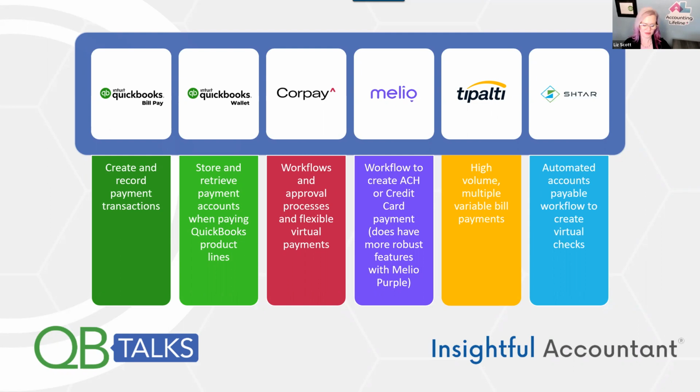But there was an agreement with Melio, and so we have this new solution with Melio, so we're able to have some additional options. So let me look over here. The Melio Purple has got the more robust features in it, but the Melio Green is the one that is built right into QuickBooks.